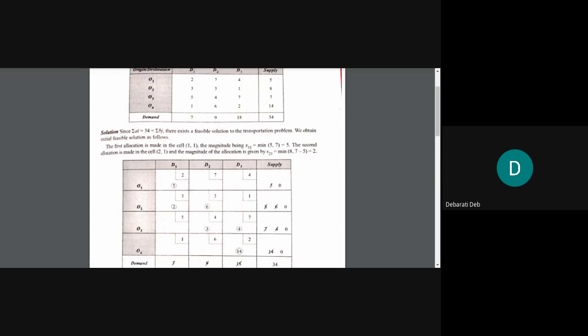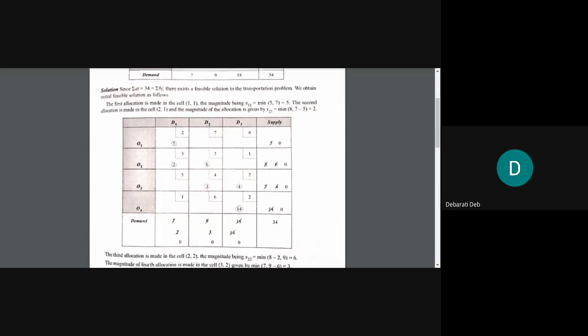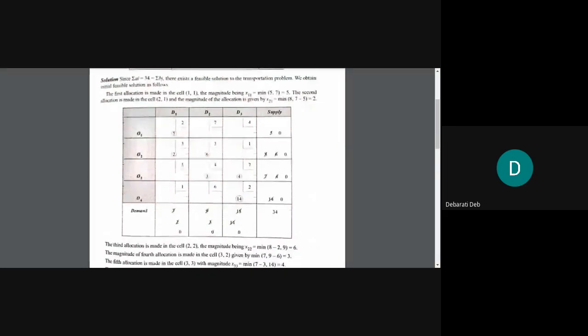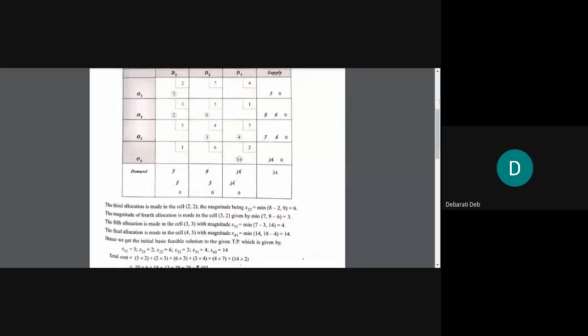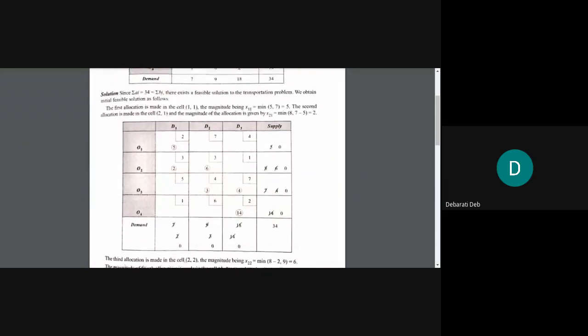And corresponding to demand, you write 7, 9, 18. Corresponding to supply, 5, 8, 7, 14, and demand, 7, 9, 18. Okay? And then at the corner, you write 34 because it is the total of both the last column and the last row.